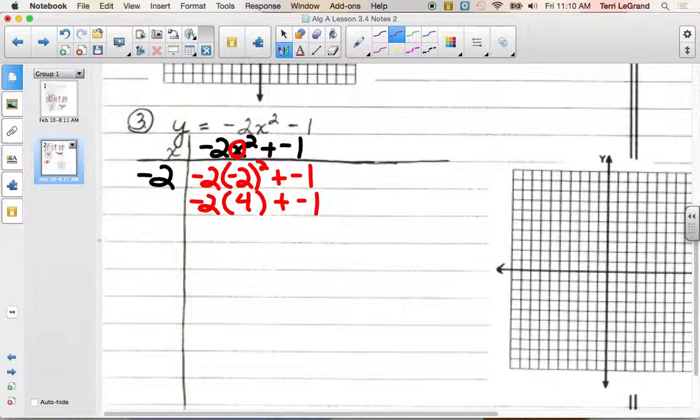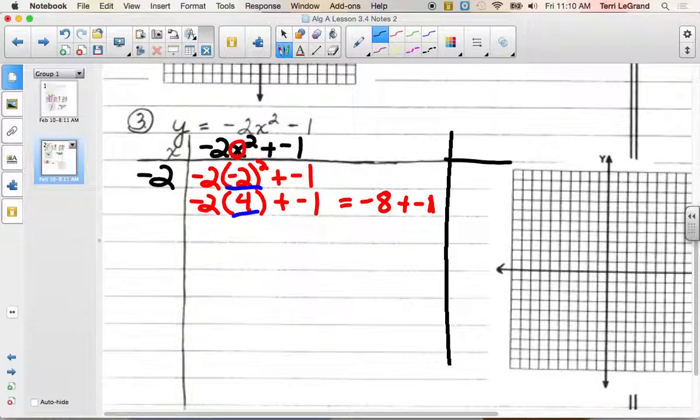So what we did is we did this, and it became that. And now we're going to do the multiplying first here. -2 times 4 is -8. And we are now finally ready to start our final column here, our y column.